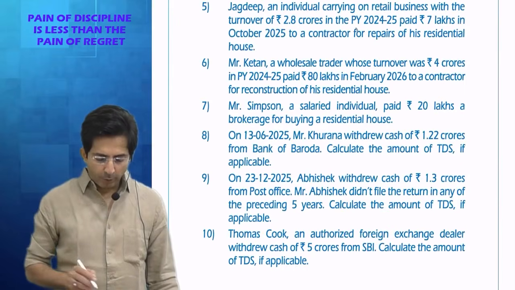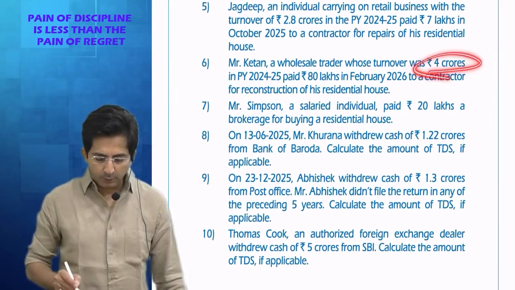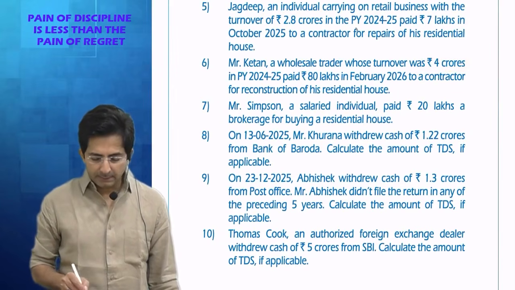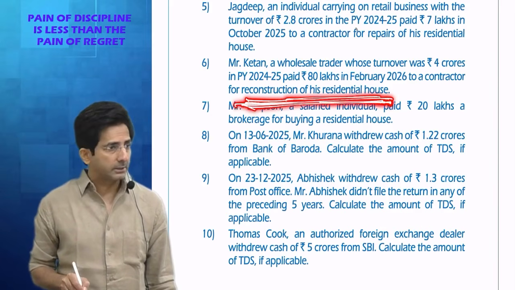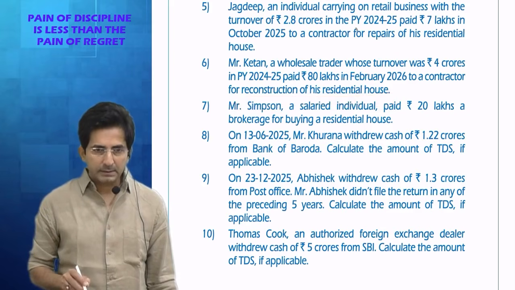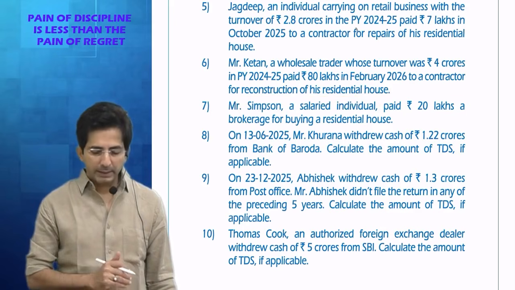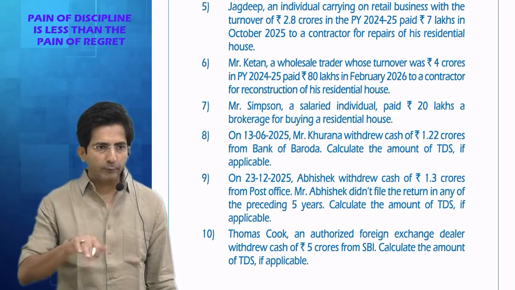Then point number 6, Ketan, wholesale trader whose turnover was 4 crores in previous year 24-25, paid 80 lakhs in Feb 26 to the contractor for reconstruction of his residential house. Again, residential house means it's a personal transaction. Okay, personal transaction, and personal transaction is exempt under 194C and J. And those who are exempt under the Rachi section, you are caught in 194M.